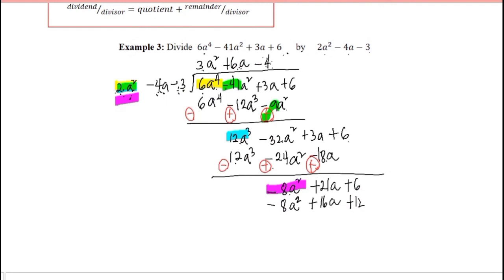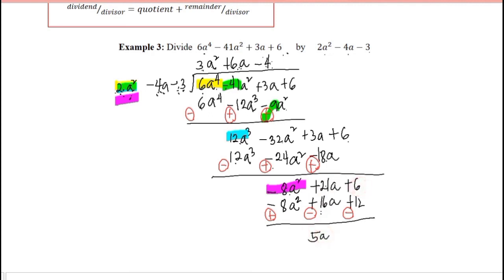So next thing na gagawin natin is to change the sign. So that would be positive, this would be negative, and this would be negative. And then proceed to addition. We have negative 8 plus positive 8, positive 21 plus negative 16, so that's positive 5.